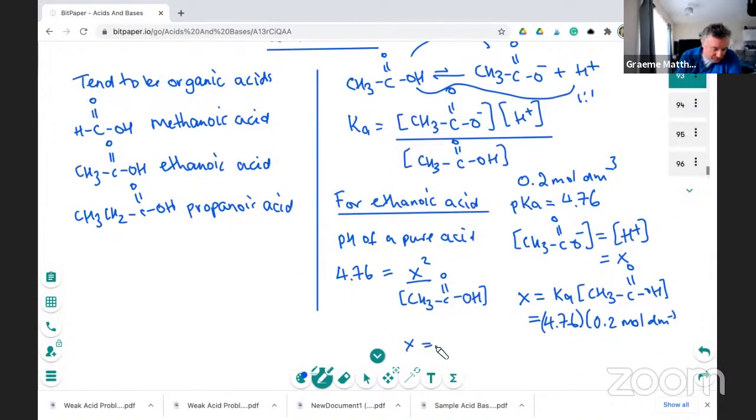So now what I can do with this is say x is equal to, hold on, I've got to take the square root of this. So can I do this if I've included everything? Square root of that, second button, square root of 4.76 times 0.2.